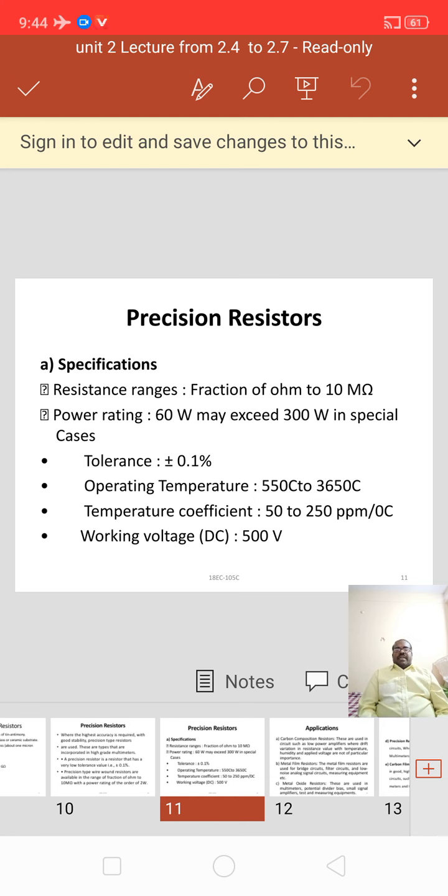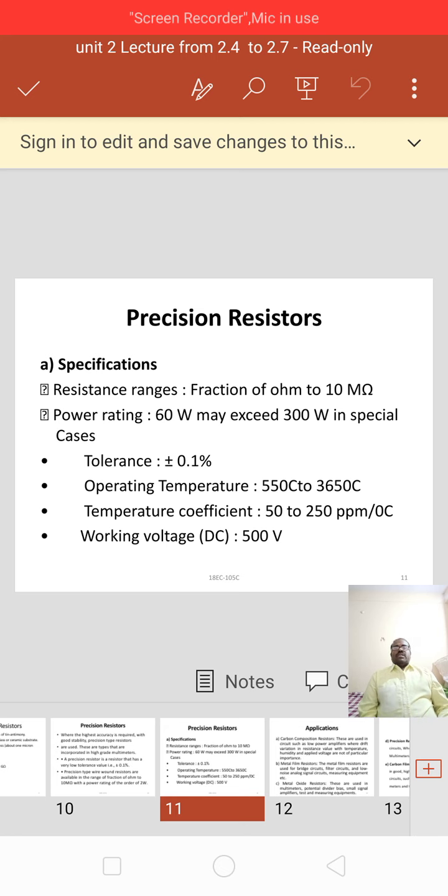Once again I am repeating the specifications. Resistance ranges from a fraction of an ohm to 10 mega ohms. Power rating is 60 watts, may exceed 300 watts in special cases. Tolerance is plus or minus 0.1%.